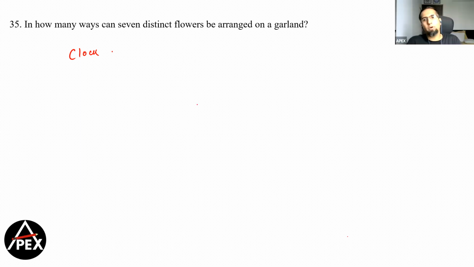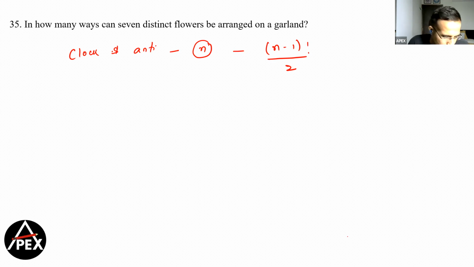Now, whenever we are talking about a garland, please remember, guys, clockwise and anti-clockwise would remain the same, no matter if the flowers are distinct. So if you have to arrange n distinct objects in a garland or a necklace, the number of permutations is always (n minus 1) factorial by 2. Clear, guys? And that's going to be 6 factorial by 2.